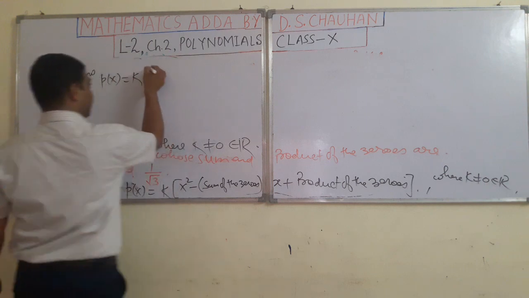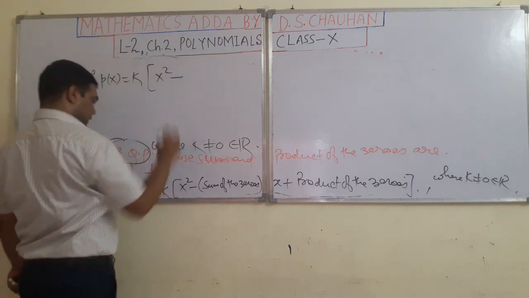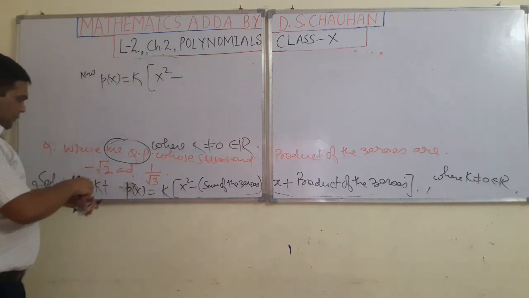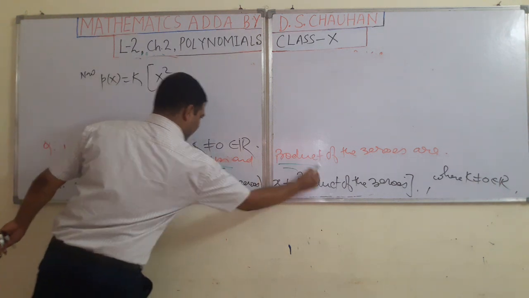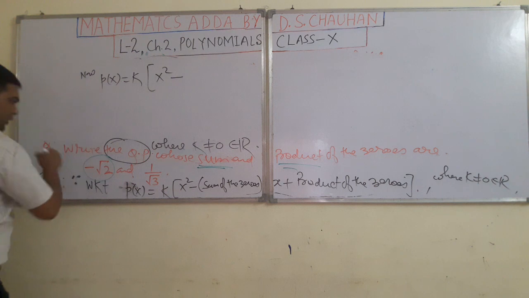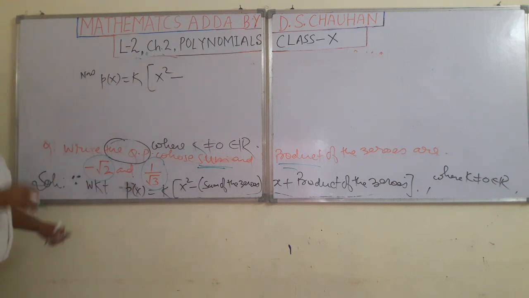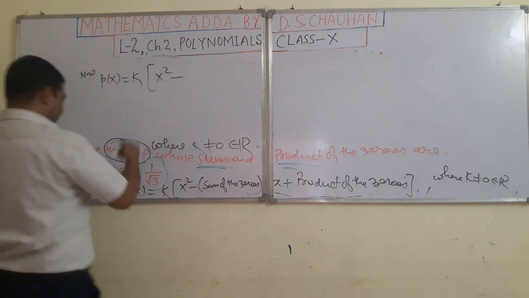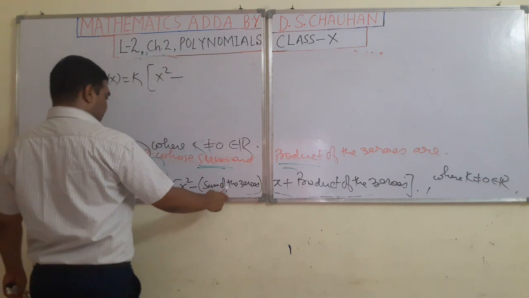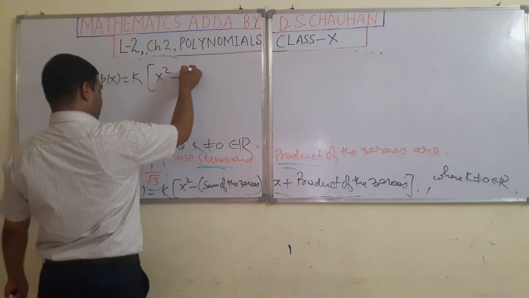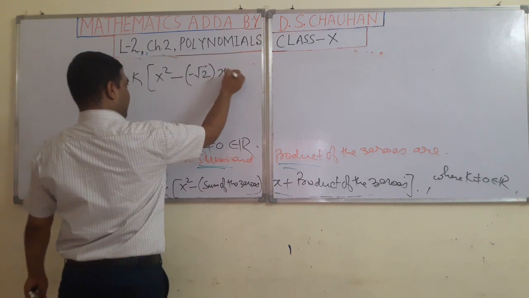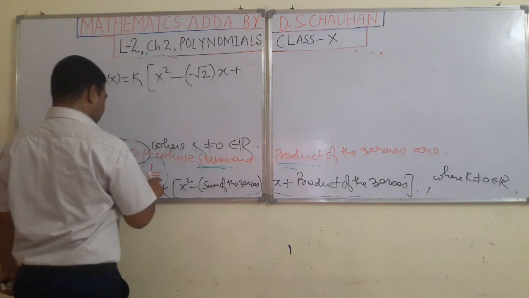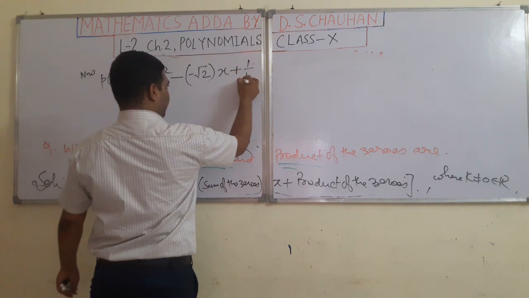So k times x square minus sum of the zeros. Sum is minus under root 2 and product is 1 upon under root 3. So what will we put here? Minus under root 2 into x plus product of the zeros, which is 1 upon under root 3.